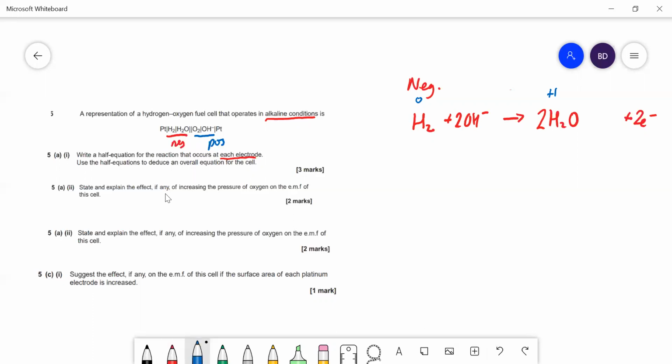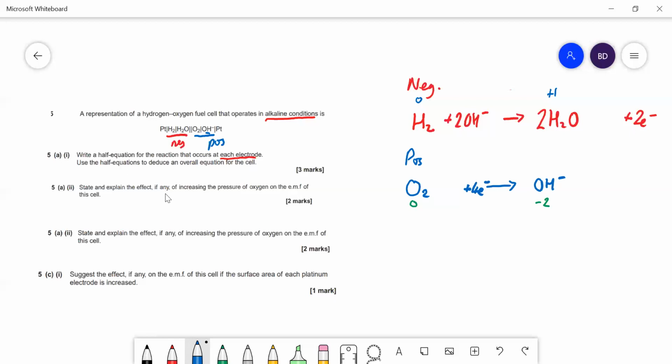The positive electrode, this is the oxygen. You start off with O2, and it goes to OH-, the reduced form. Now, let's do oxidation numbers again. The oxidation number of oxygen here is 0, and here it is -2. So each oxygen has been reduced by 2 electrons, and there are 2 oxygen atoms, so we need 4e- on the left side of the equation.